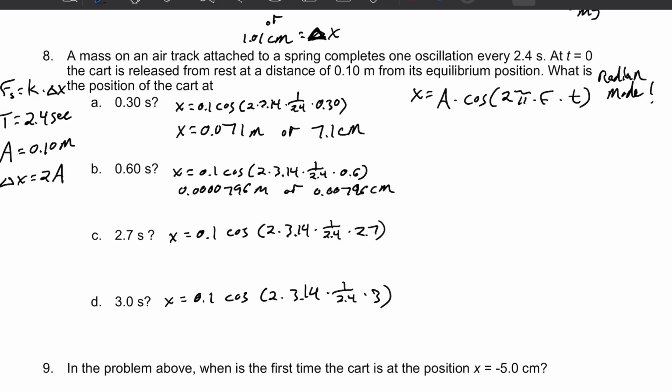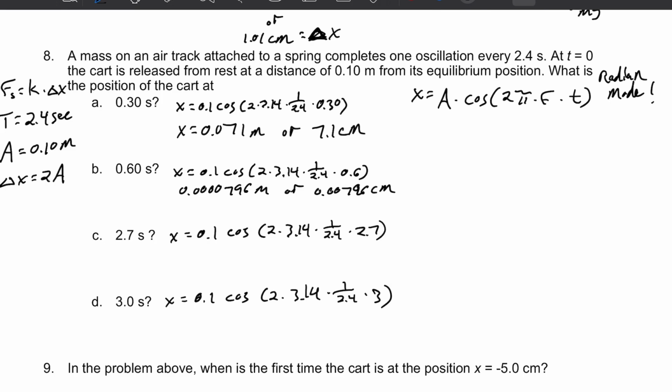So the amplitude, the frequency, and the times change, but everything else stays the same for all of these from problem to problem. For this particular problem, the only thing that's really changing is the time because the system isn't changing. Now we're just at different time points identifying where the object would be.